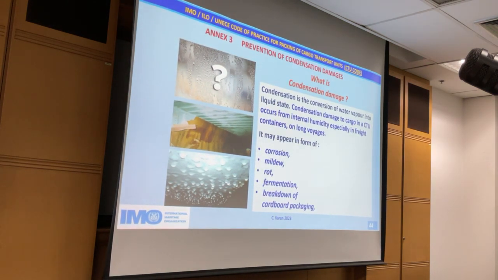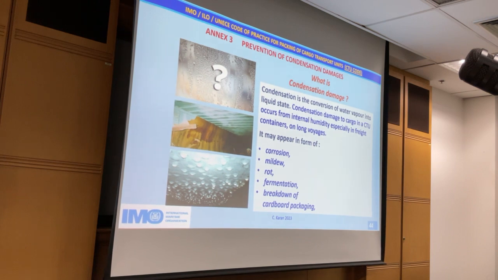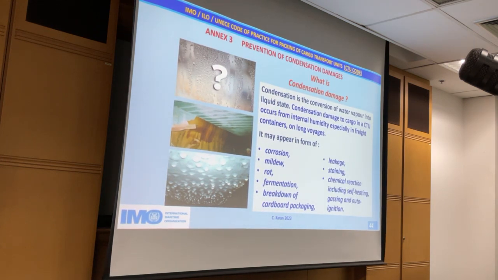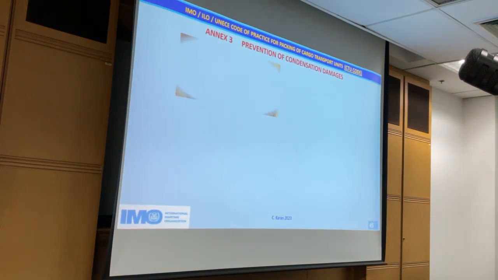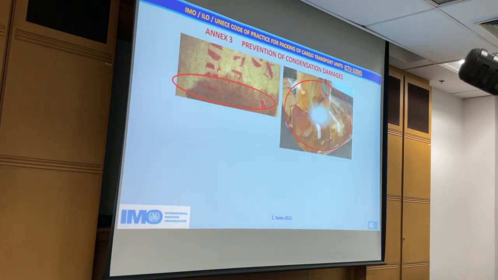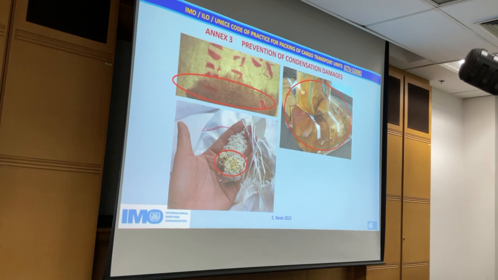It may appear in the form of corrosion, mildew, rot, fermentation, breakdown of cardboard packagings, leakage, staining, chemical reaction, including self-heating, gassing, and auto-ignition. Here you can see the damages, of course, on different types of cargo.